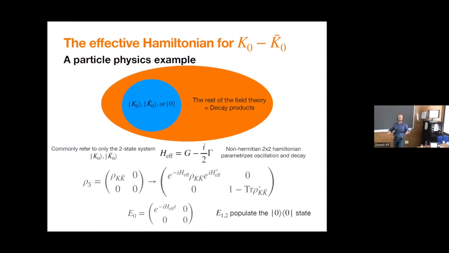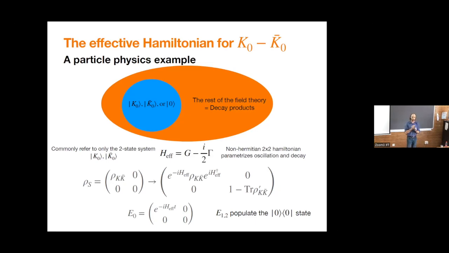So just an example that folks are hopefully familiar with here. We can think about the KK bar system where there are oscillations between the kaon and the anti-kaon, and then kaons of course also decay, right?